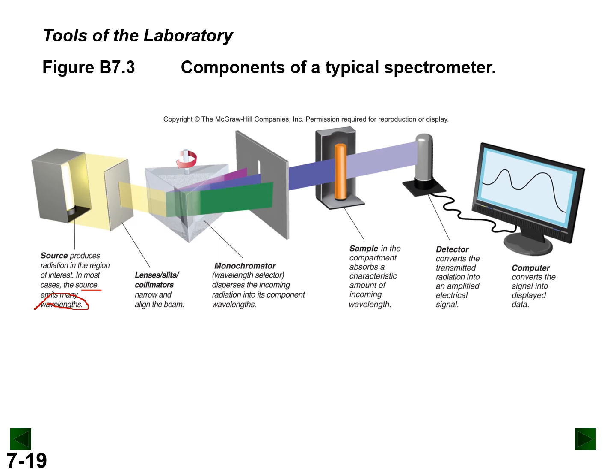The light will pass through the prism and disperse into its component wavelengths. Then you put your sample here, and the sample only absorbs a characteristic amount of the incoming wavelengths.